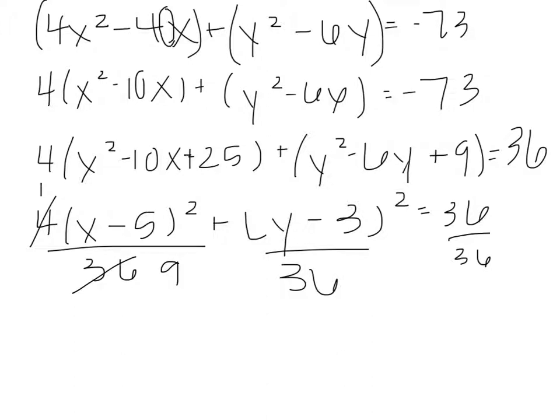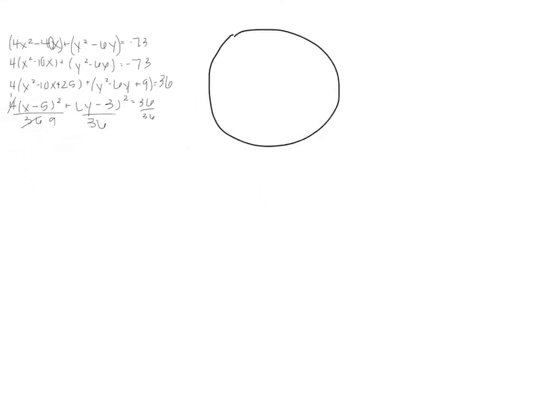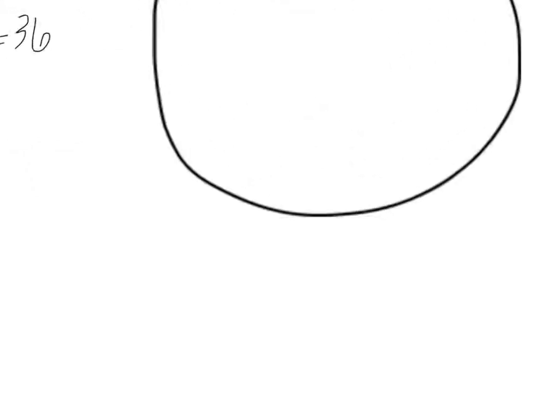Okay, so my final equation is going to be, I'm going to write it right here. My final equation is x minus 5 squared over 36 plus y minus 3 squared over 9 is equal to 1.